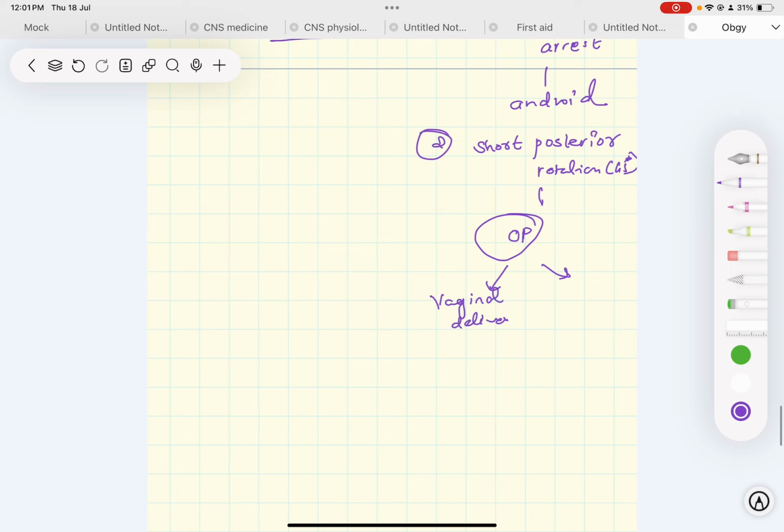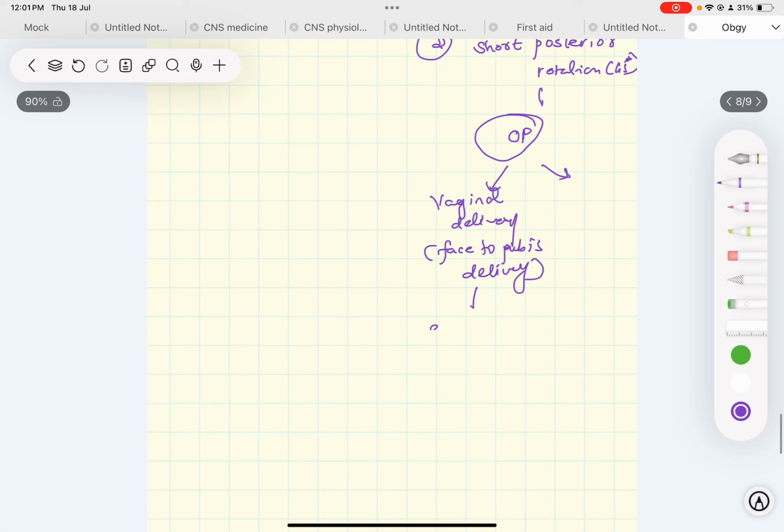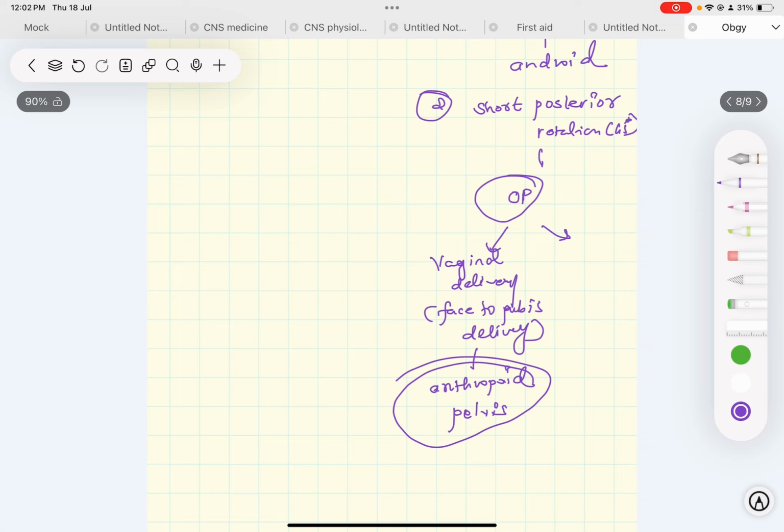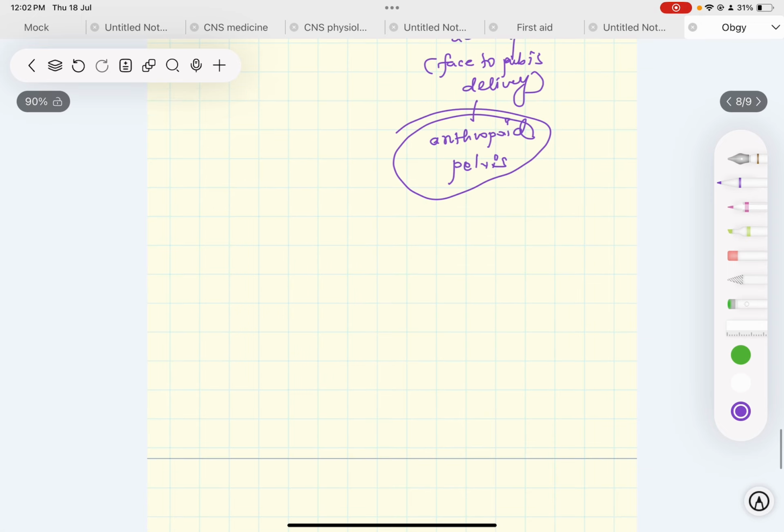Vaginal delivery can happen, and this will be face to pubis delivery, and that is seen in the anthropoid pelvis. So if the anthropoid pelvis is there, we can very well do the delivery in OP position, that is face to pubis delivery. Now there are chances of arrest here also.